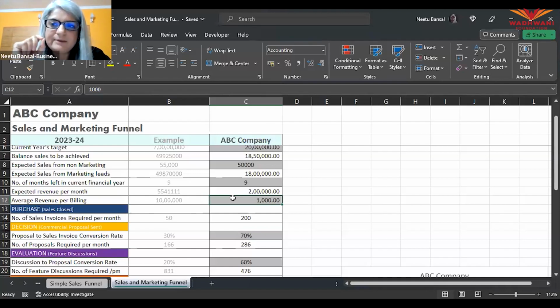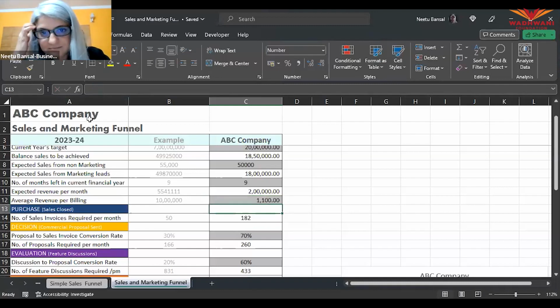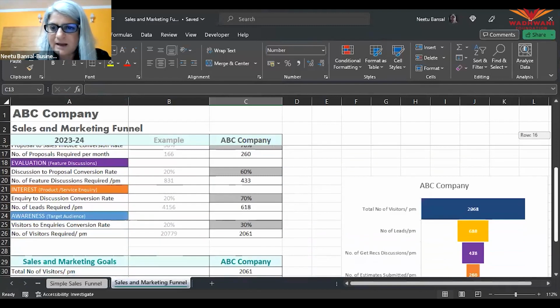So if you are able to increase the average revenue per billing, so instead of 1,000, if you are able to just convince customers and get 1,100, you've created some value pack, you've created some upselling opportunity, you've bundled something, and you've just increased the price tag from 1,000 to 1,100. See what happens to your funnel.